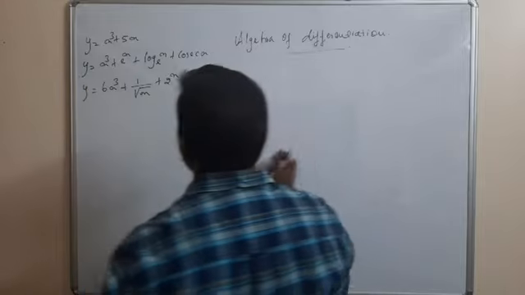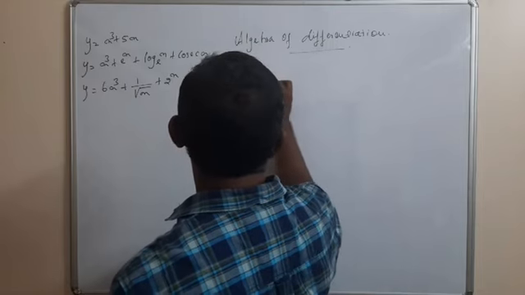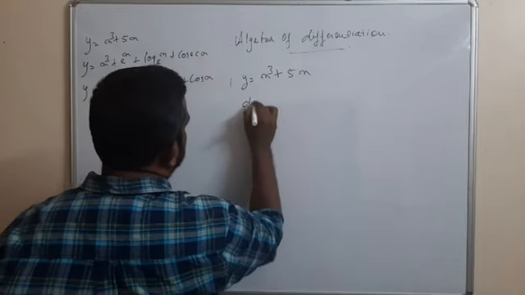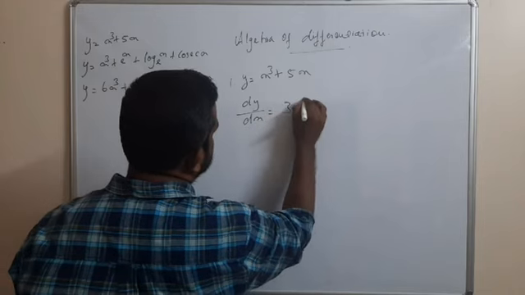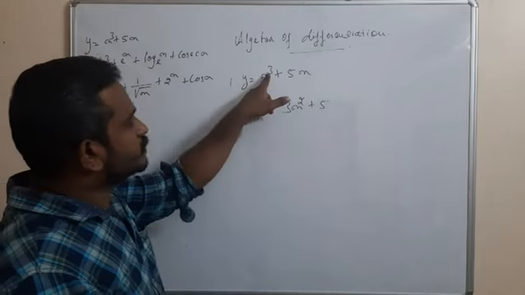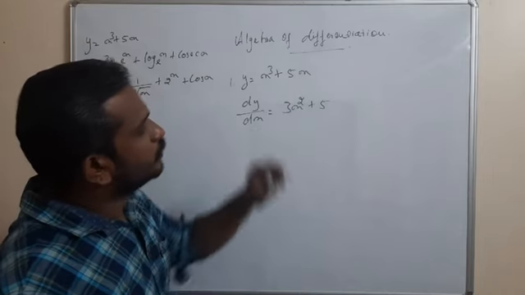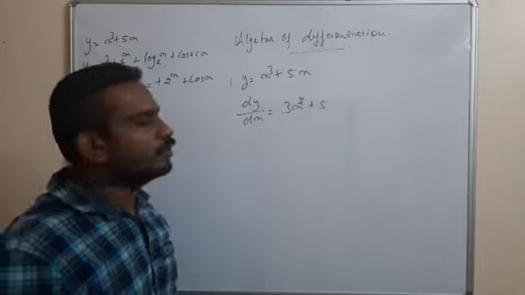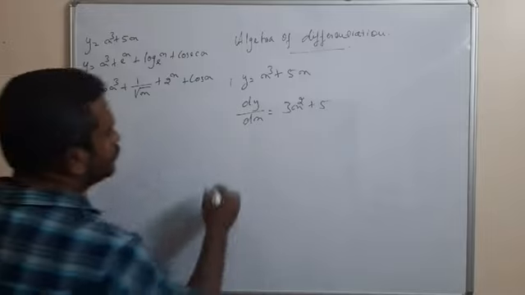First one, y is equal to x cube plus 5x. dy by dx equal to 3x square plus 5. So for x cube we use x power n, n into x power n minus 1, plus 5 into the differentiation of x, which is 1. So dy by dx equal to 3x square plus 5.